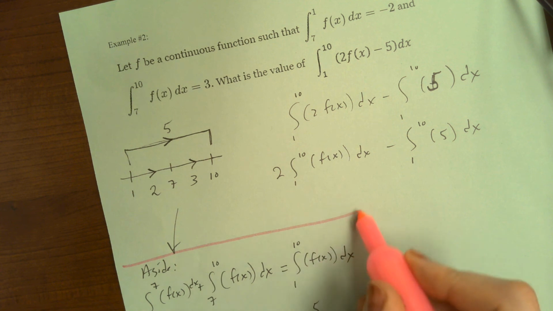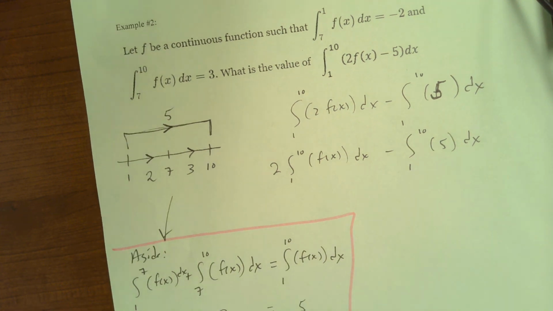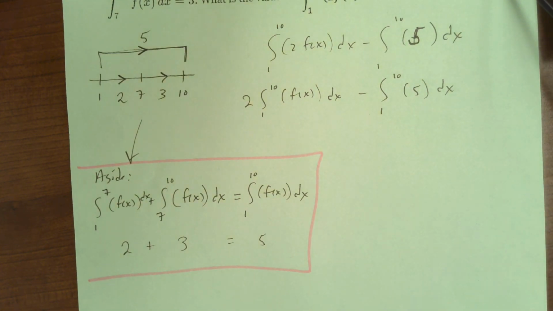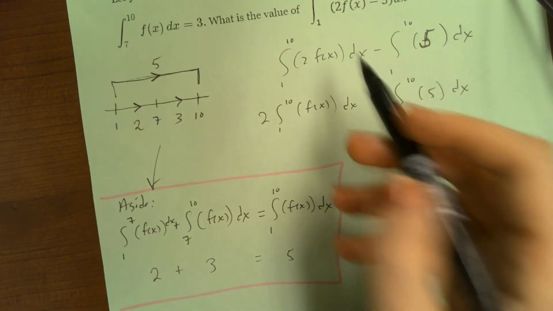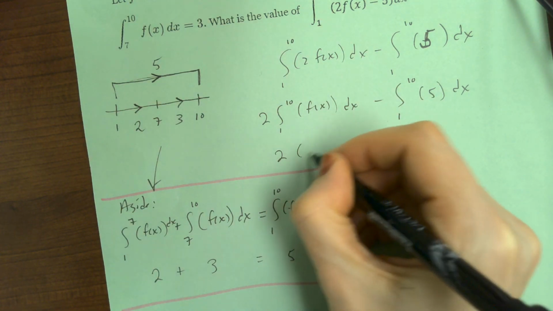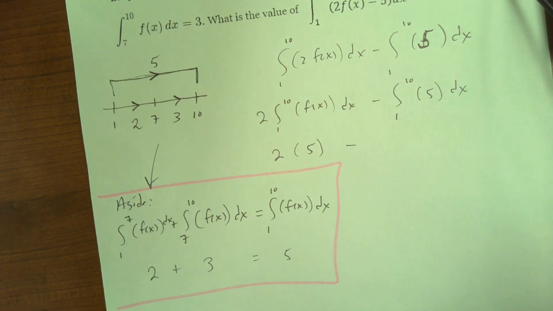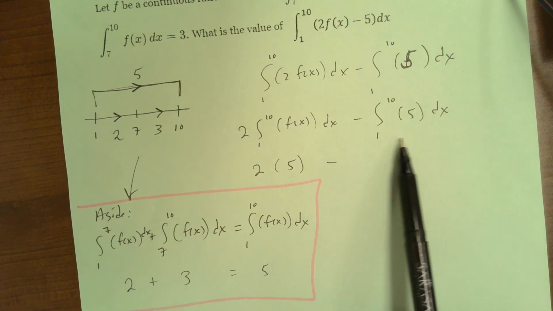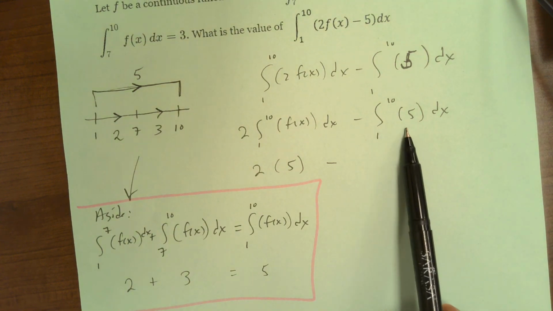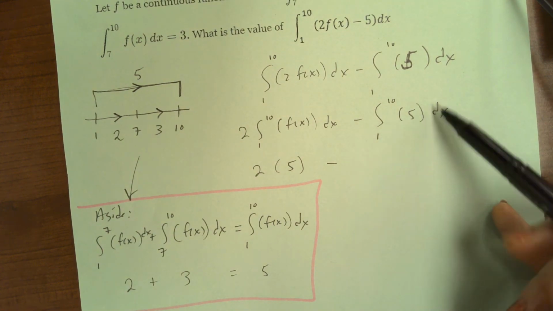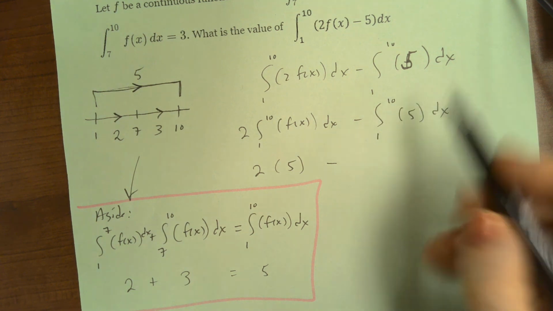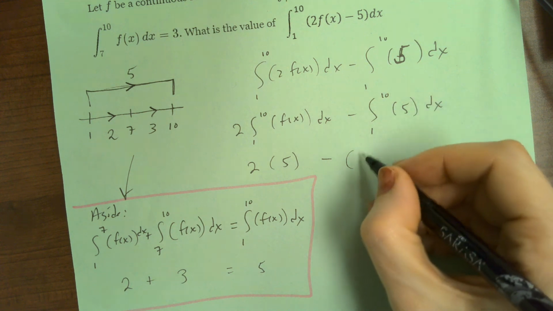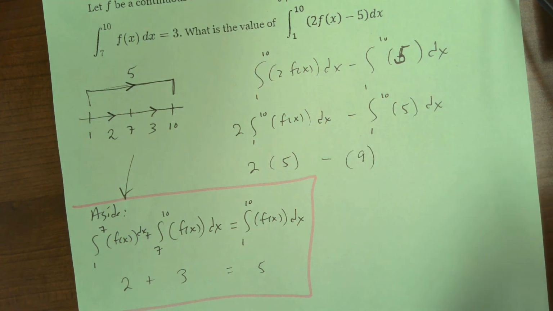All right, so I'm showing all my thinking and I'm using proper notation throughout that process. Okay, so this is 5. So this is going to be 2 times 5 minus this here, guys. This is just a rectangle. Its base is from 1 to 10, positive 9.